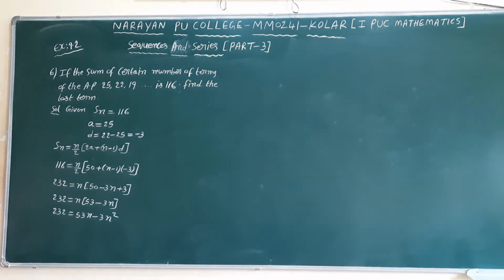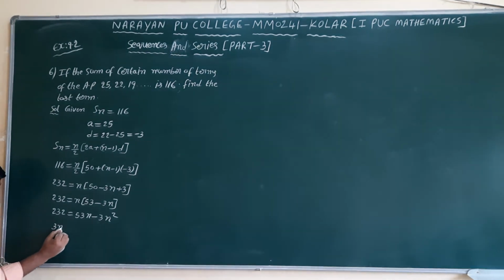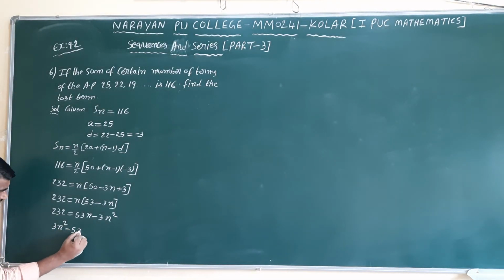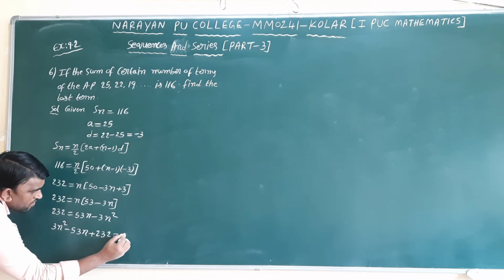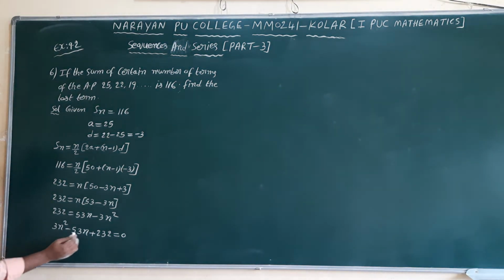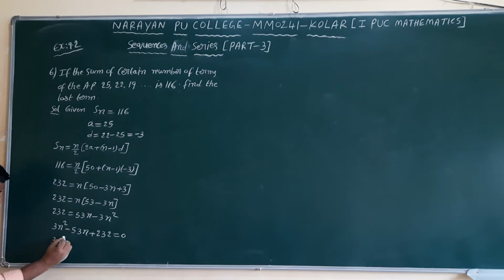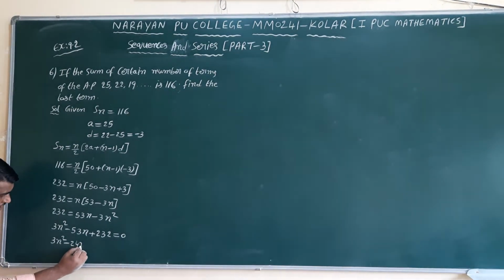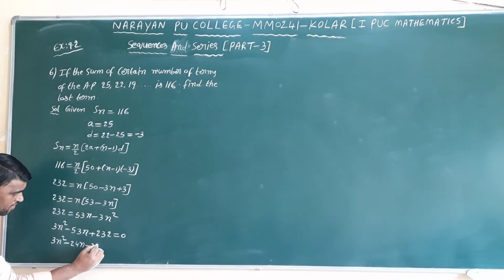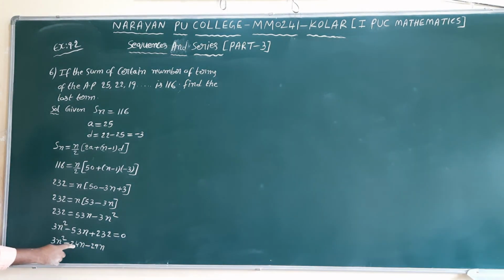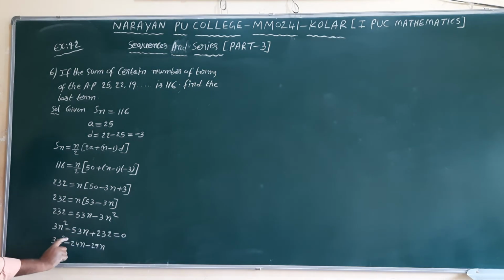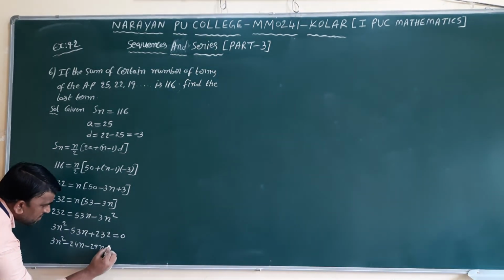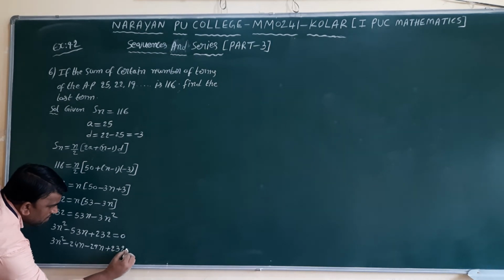Sending these to the left side, 3n square minus 53n plus 232 equal to 0. While splitting this, 3n square minus 24n minus 29n you can write. While adding these two, minus 53 will come, and while multiplying, the extreme product 3 into 232 will come, plus 232 equal to 0.